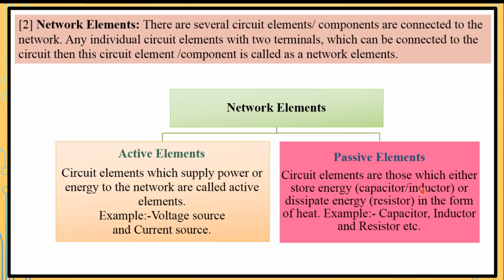Capacitor and inductor have the capacity to store energy, and resistor dissipates energy in the form of heat. These are not sources of energy or power, so they are called passive elements. Capacitor, inductor and resistor are passive elements, and voltage source and current source are active elements.